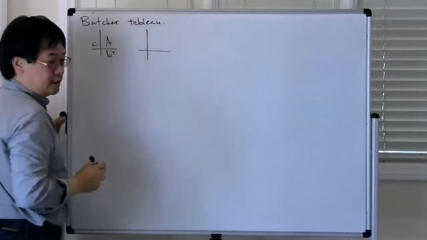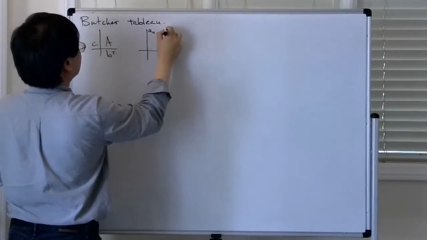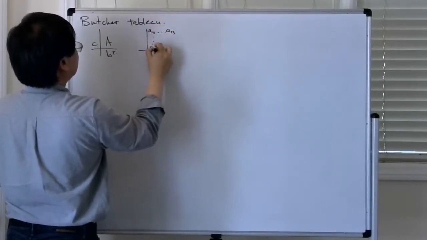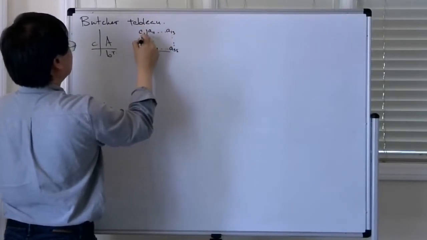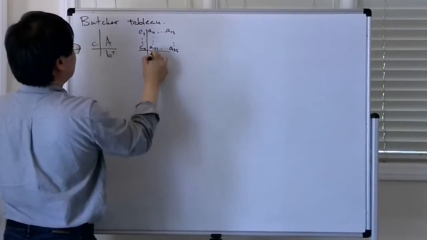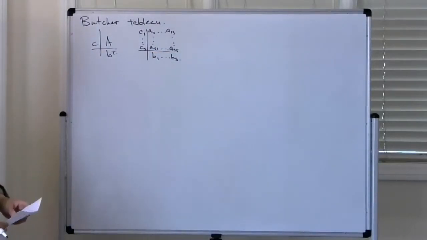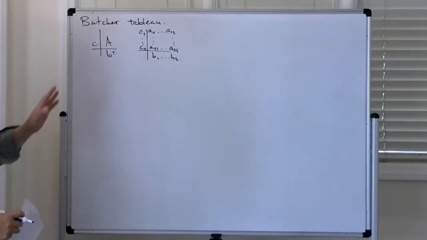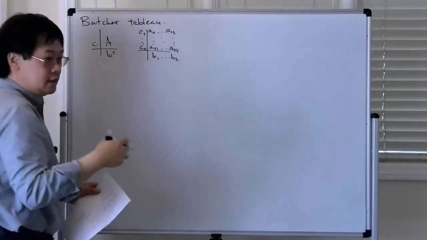In terms of components, it'll be a11 to a1s, as1 to ass, and then c1 to cs, and b1 to bs.